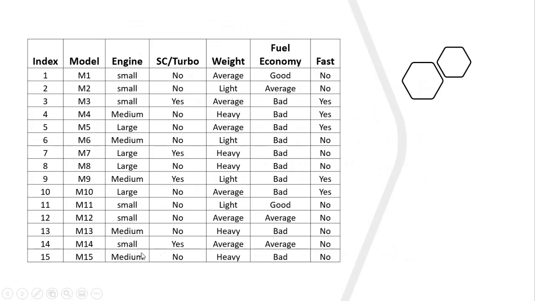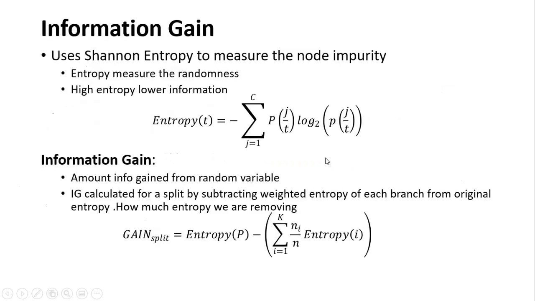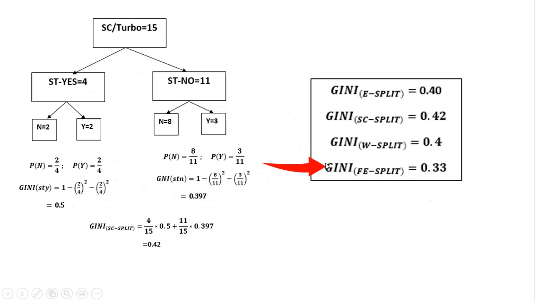Similarly, for the other attributes, weight and fuel economy, we obtained the final Gini values. We choose the attribute with the lowest Gini value as our parent root node. So we will choose fuel economy in our decision tree as our first column to make our further decisions.